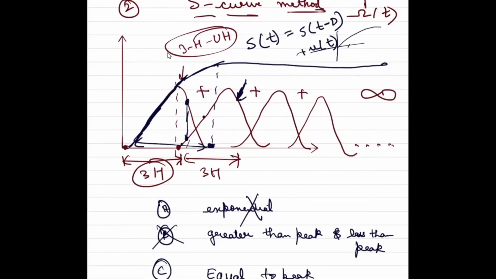So this simple mathematical operation yields something called equilibrium discharge. Can you tell me what would be the value of this equilibrium discharge? Use common sense. I have said that this will reach its peak when the first hydrograph comes to an end.